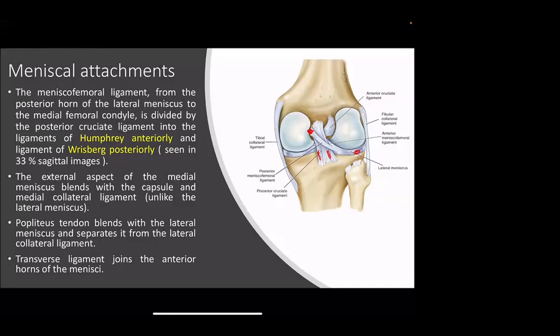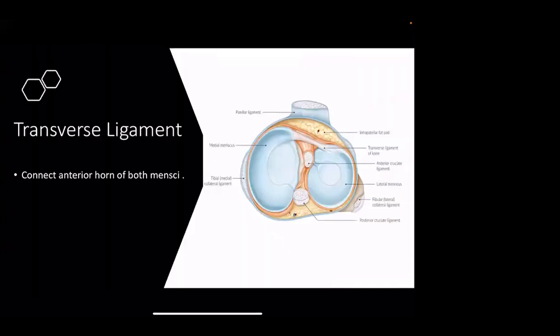The external aspect of the medial meniscus blends with the capsule and medial collateral ligament, unlike the lateral meniscus, which is separated from the lateral collateral ligament by the popliteus tendon. The transverse ligament joins the anterior horns of the menisci. This is the transverse ligament, which joins the anterior horn of both menisci.